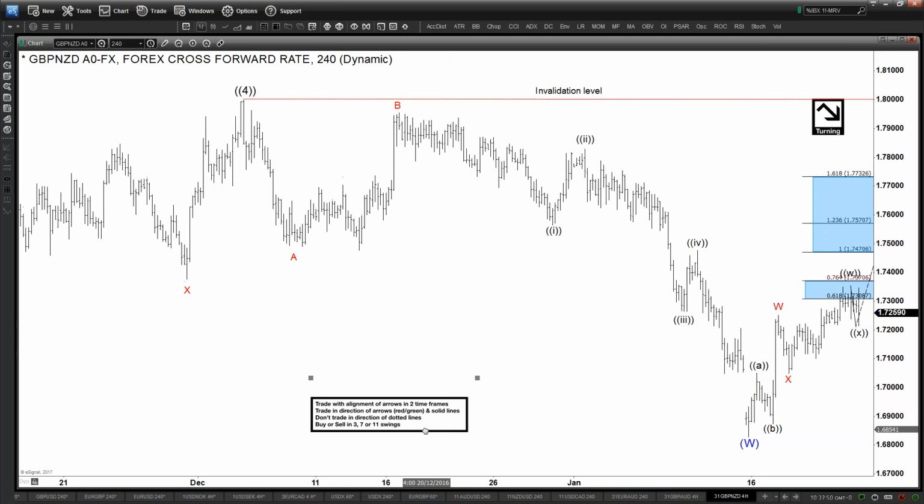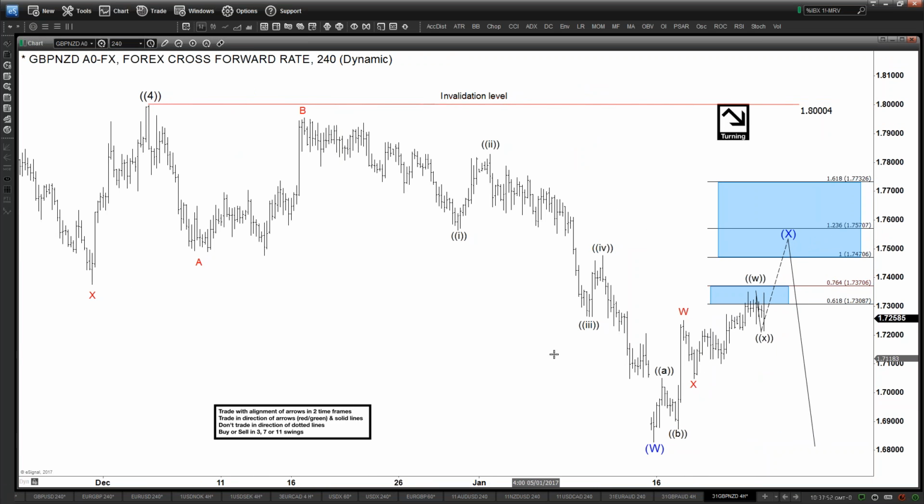Okay, so this is the pound Aussie, pretty much the same structure as the pound dollar, showing 5 swings from the low, 1, 2, 3, 4, 5.